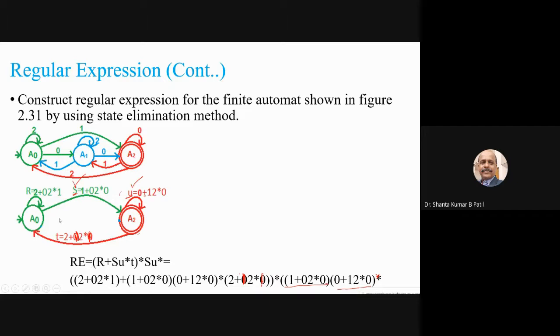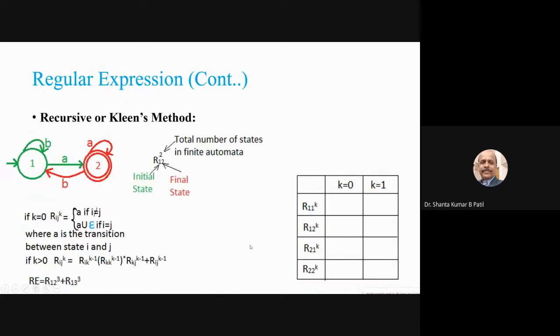S is the path from the initial state to the final state. U is the loop on the final state, and T is the transition from the final state to the initial state. This is the state elimination method.